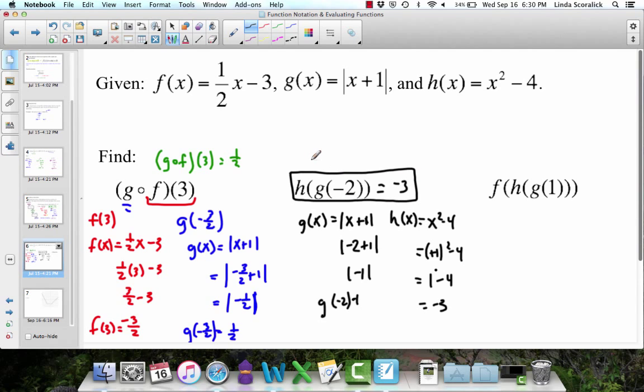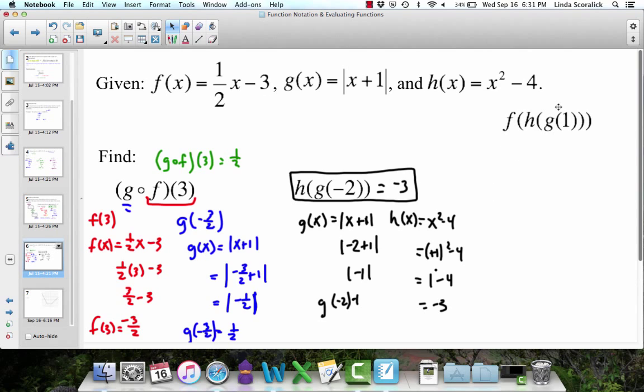The next example looks harder, but really what it requires is just a third step. So let's take a look at this next example. We want to first find g of 1. Well, g of 1 would be found by doing the absolute value of 1 plus 1, which is the absolute value of 2, which is 2.